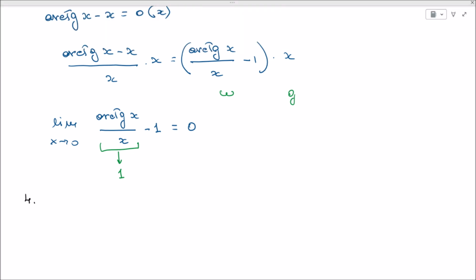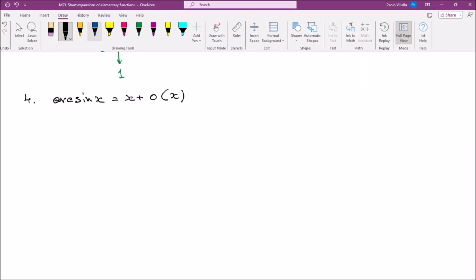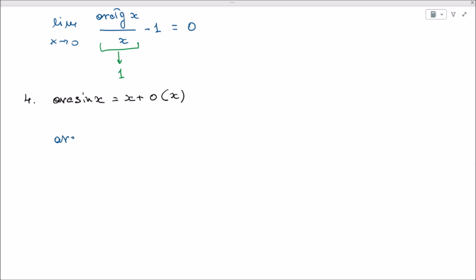Fourth expansion. Arc sine of x equal to x plus little o of x. This is a totally similar limit. Let's do this for exercise.